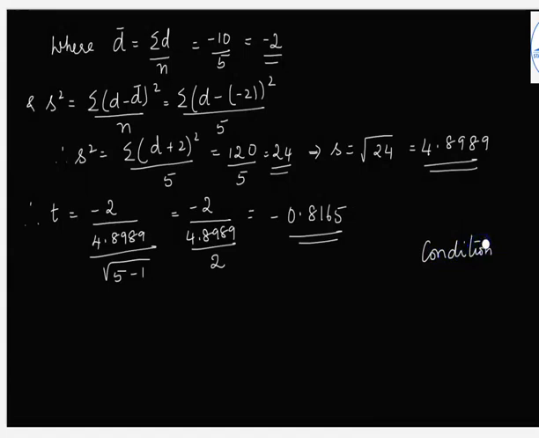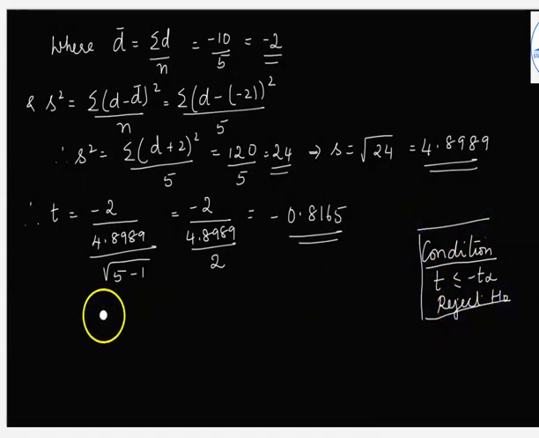Now at this side I will write the condition for the t-test when the alternative is left tail. So the condition is you have to check whether t is less than or equal to minus t alpha. So if this condition is satisfied, you reject H naught, otherwise you have to accept H naught. So now let us find out what is the degrees of freedom. Degrees of freedom is n minus 1, which is 5 minus 1, equal to 4.